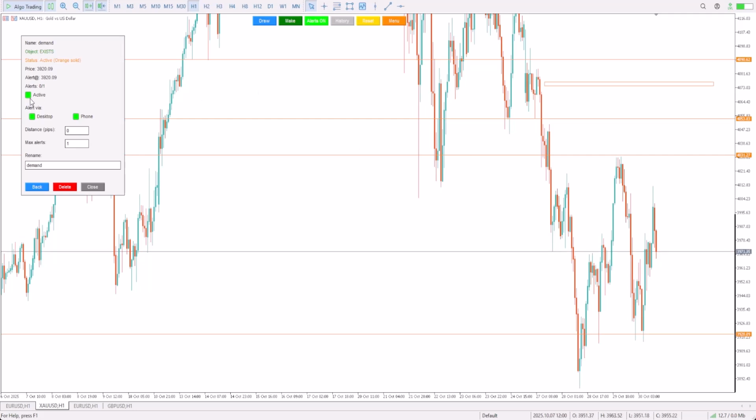The difference between this and this is that this deactivates all of the items, and this deactivates that specific element. Maybe we don't want desktop, maybe we don't want phone. Then max alerts we have, and let's see the distance in pips.